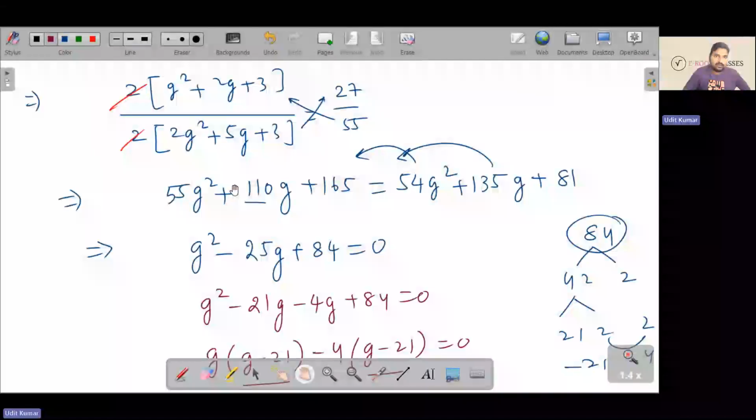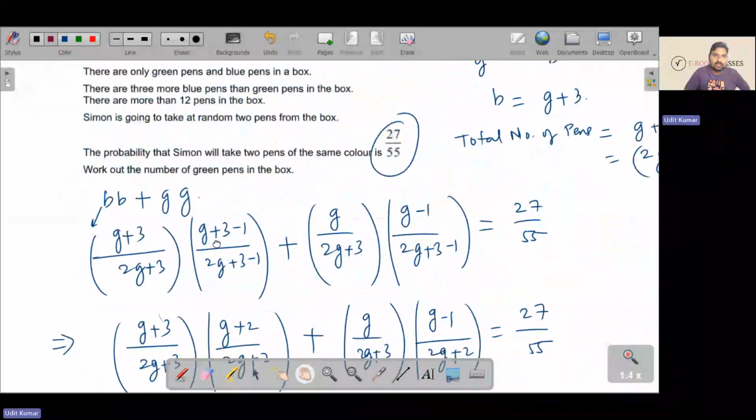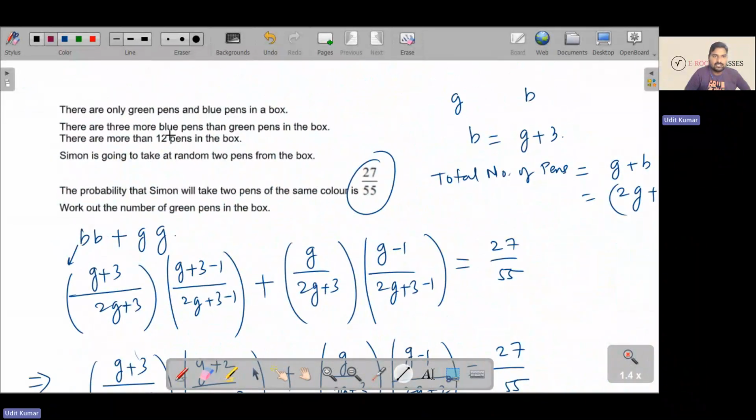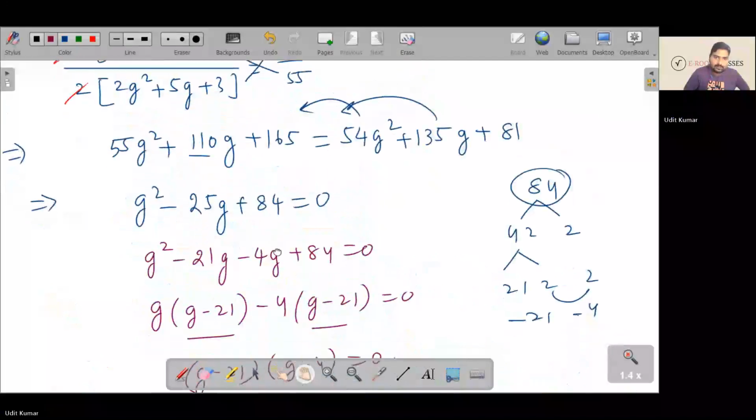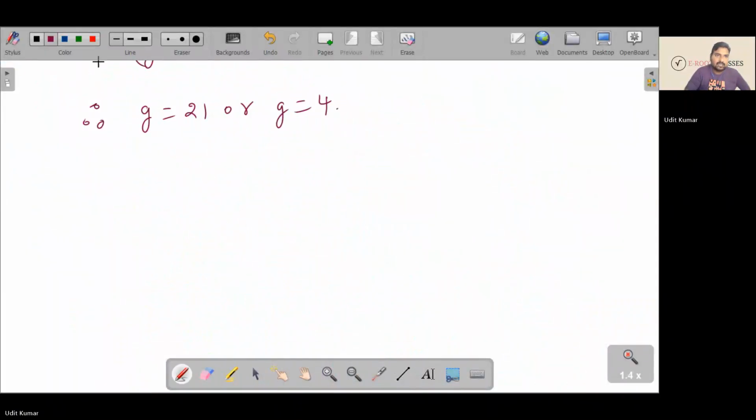Now this is where we'll use this information, right? It says there are more than 12 pens in the box. That means g plus b should be more than 12, right? It means your g plus b should be greater than 12.